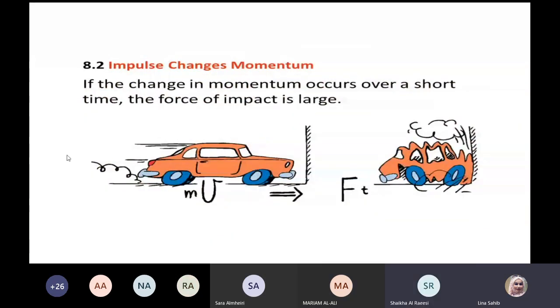Then another example here to focus on this point. The impulse is the change in momentum. If the change in momentum occurs over a short time, then the force of the impact is large. Can you see in which case you have a large time and a small force, the right or the left?